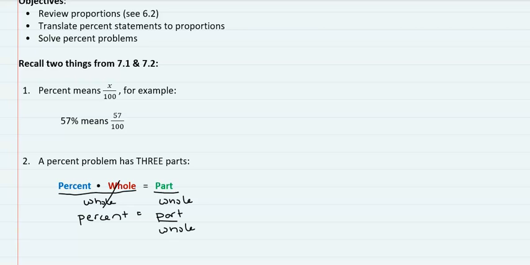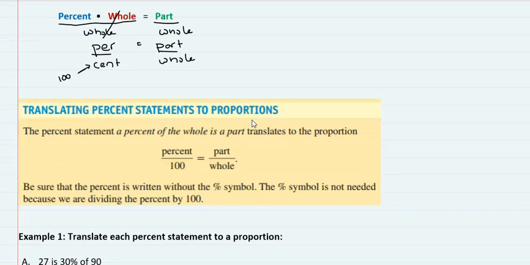So instead of percent, I'm going to write per and cent on the bottom. And cent means 100. So per 100 equals part over whole, which is where this is all leading to this statement right here, translating percent statements to proportions. The percent statement, a percent of the whole is a part, translates to this by just the rearrangement that I showed you. So the number per 100 equals the part over the whole.